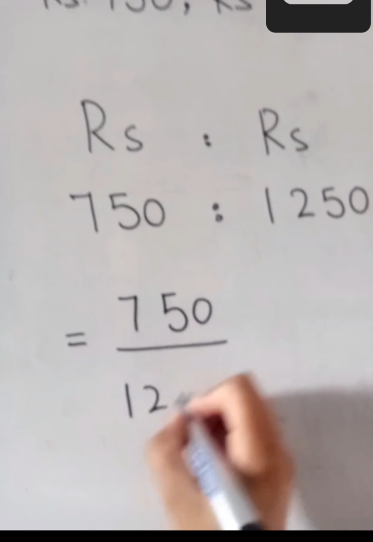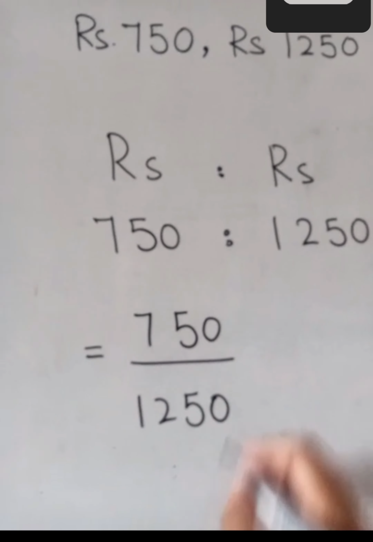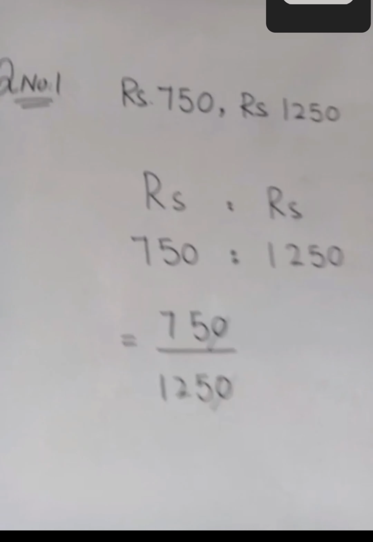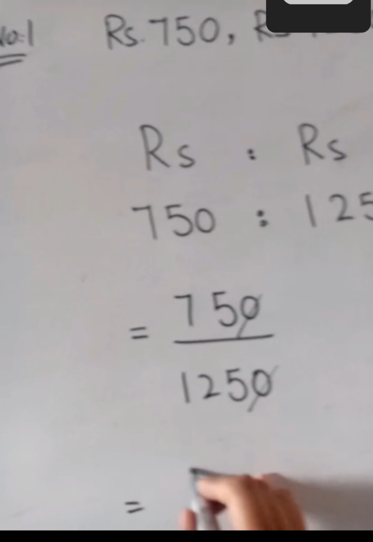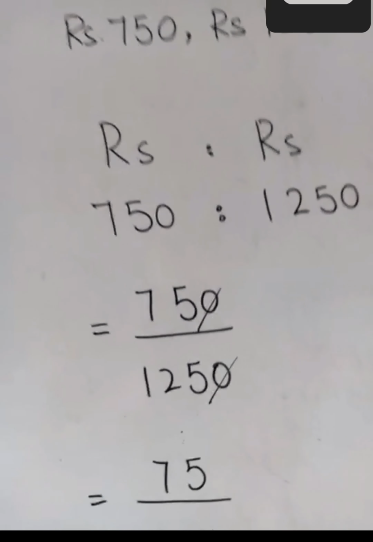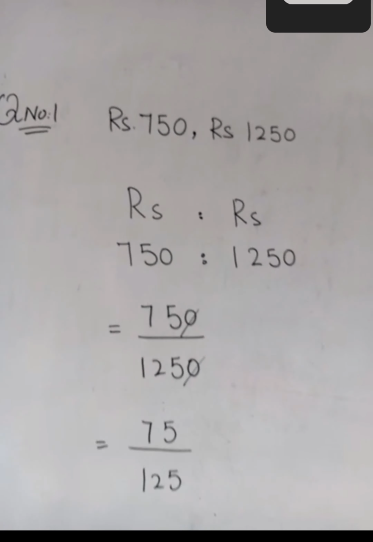750 divided by 1250. Now simplify it: this 0 will be cancelled out by this 0, by the cancellation property of tens. What is left is 75 divided by 125. Use simple cutting of the numbers and get the answer.